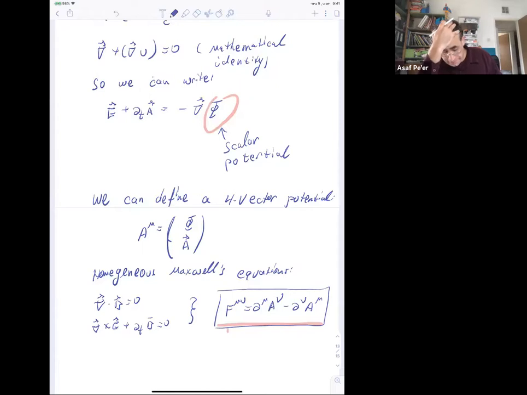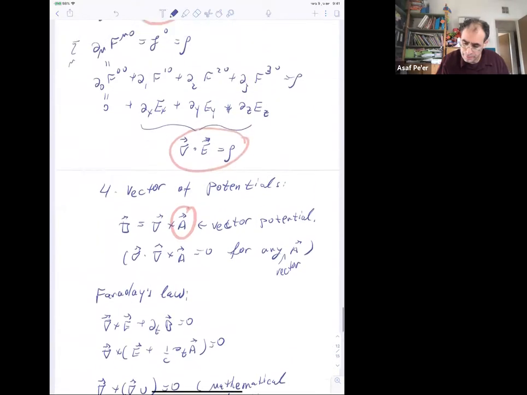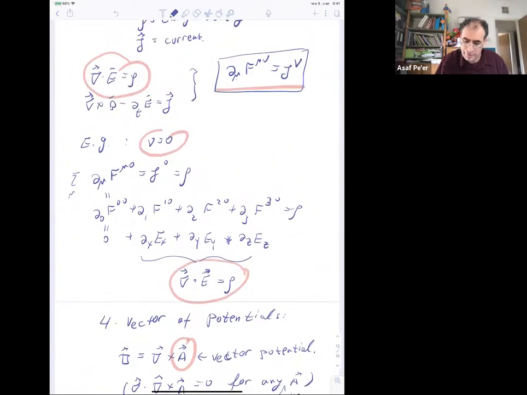Now, in fact, I can also use this 4-vector potential to write down the inhomogeneous Maxwell's equations, which I wrote above, right? ∂_μ F^{μν} is J^ν.